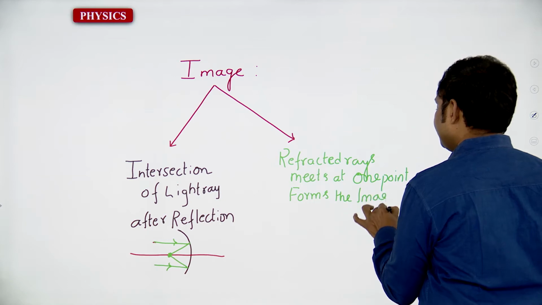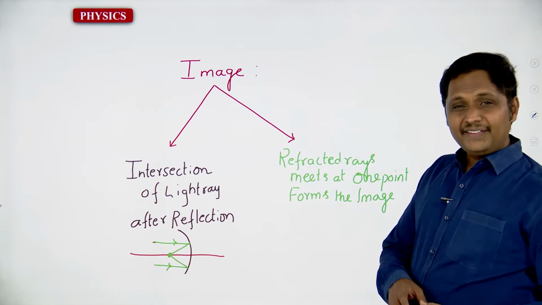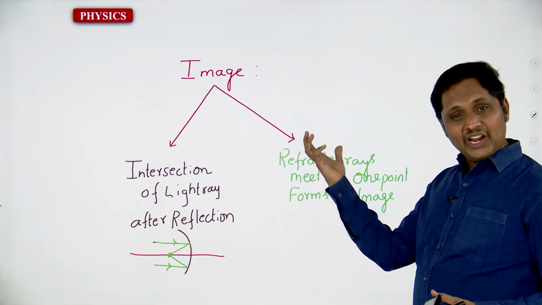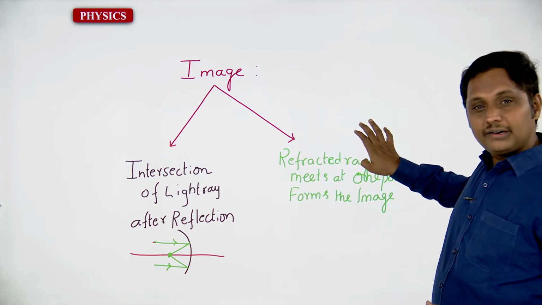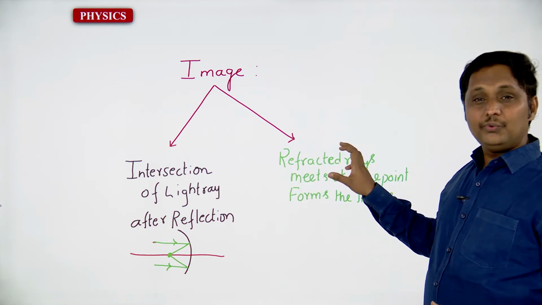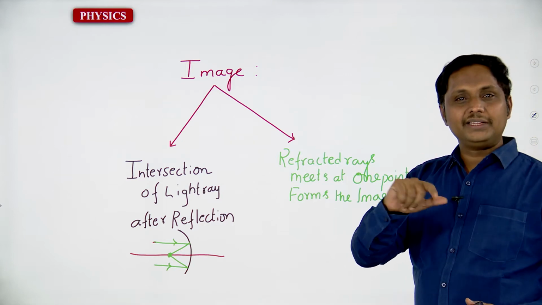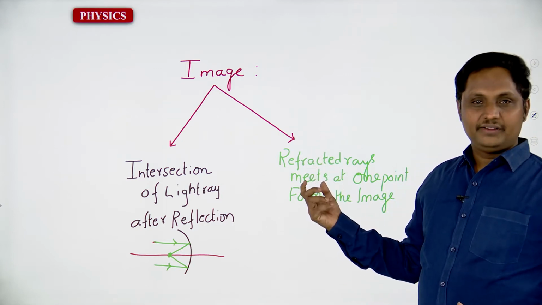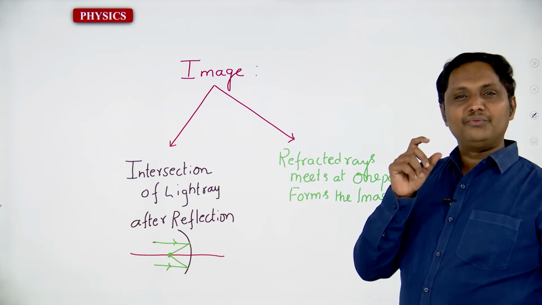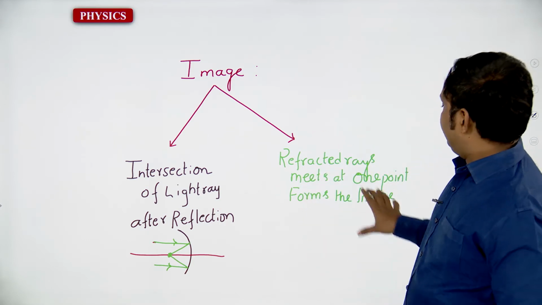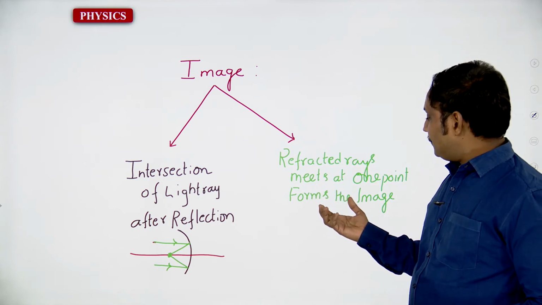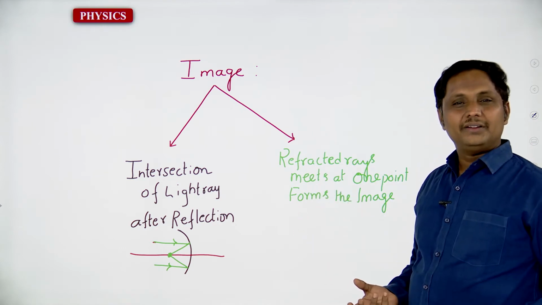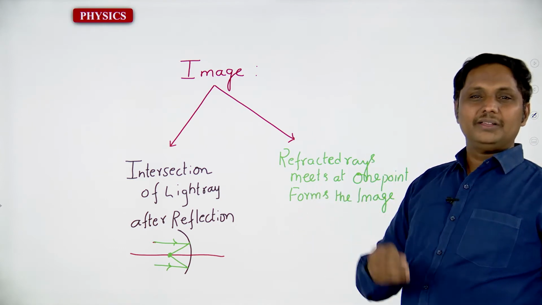The incident light rays move further after getting refracted. They all meet at one point to form the image.